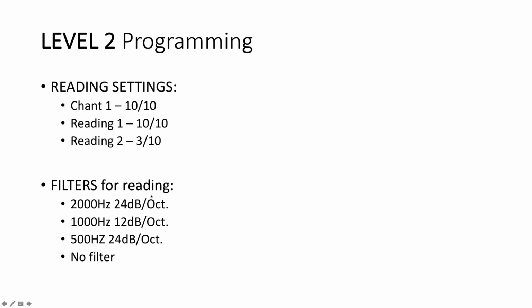So we don't use this filter when we are using Chan 1, and when there are hearing losses in the high frequencies, because if we put a filter at 2000 and the people have an important hearing loss, they won't hear their voice. So generally we start with lower filters when there's a loss.